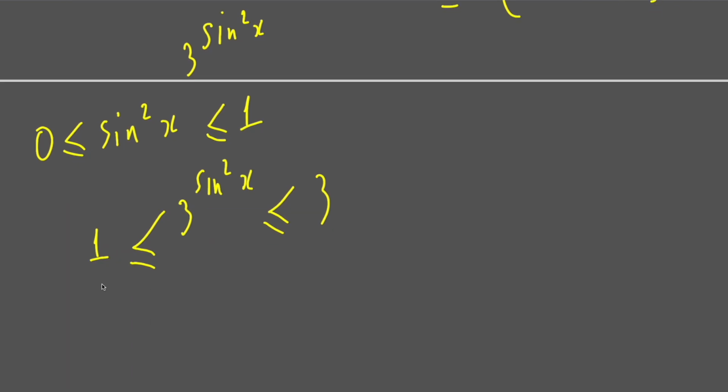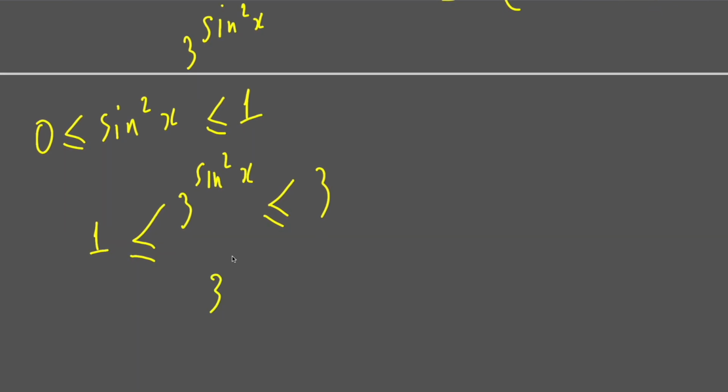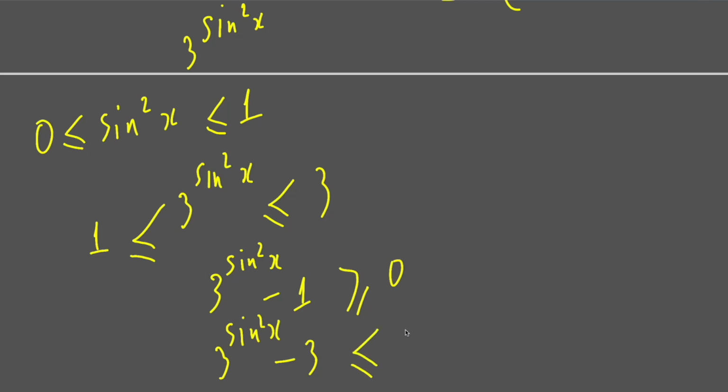This means 3 power of sine square x minus 1 is greater or equal than 0, and 3 power of sine square x minus 3 is smaller or equal to 0.